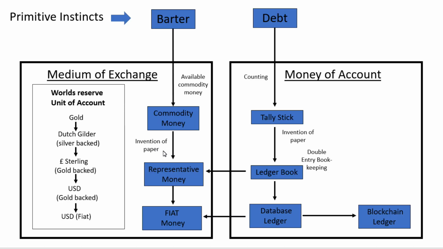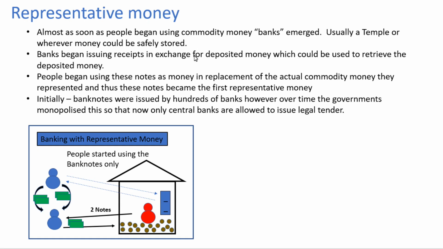So eventually, after the invention of paper and with the actual economies becoming larger, meaning it was impractical to use commodity money, we see this move into representative money. Now, this representative money is essentially using banknotes which represent a certain amount of that commodity money.